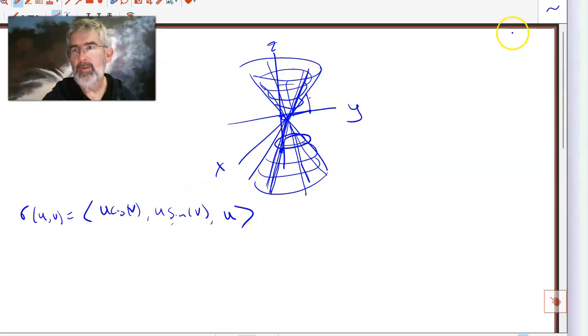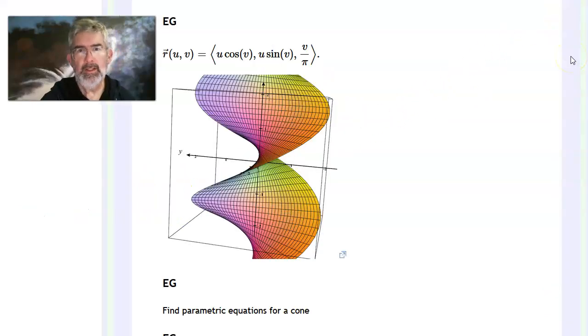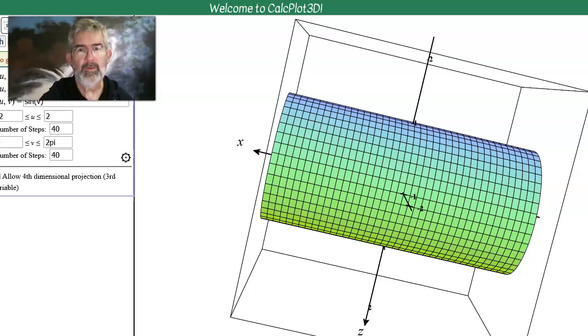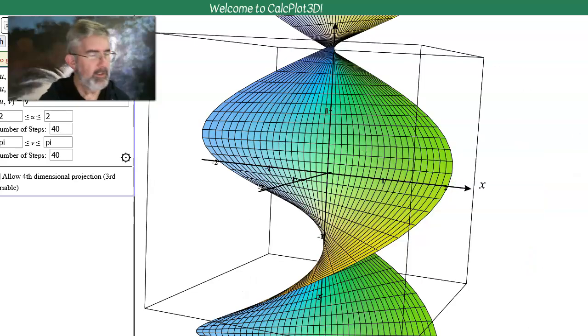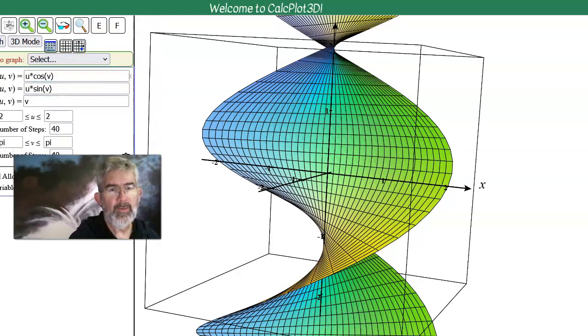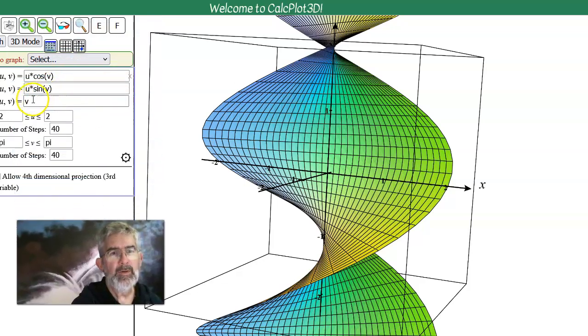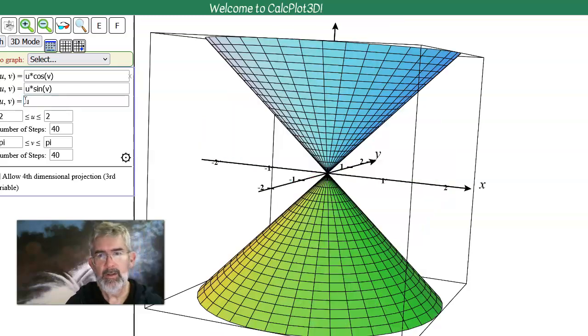Let's hop back over to here. No, let's go to here. So we had that helicoid. The difference here is, let me get my face out of the way, the only difference was we changed this to a U. And sure enough, there's our cone.